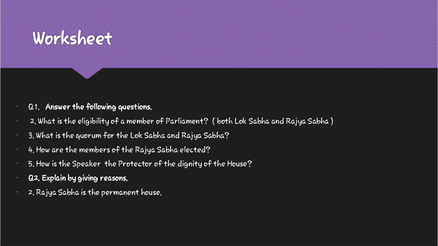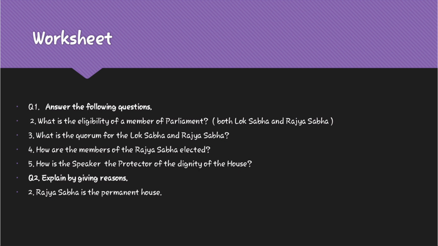Now, moving to question number 5. How is the Speaker the protector of the dignity of the House? This question you can be asked, or you will get it as give reason also. For that, please come to page number 75 of your textbook, under the heading the Speaker of Lok Sabha, first paragraph, complete.